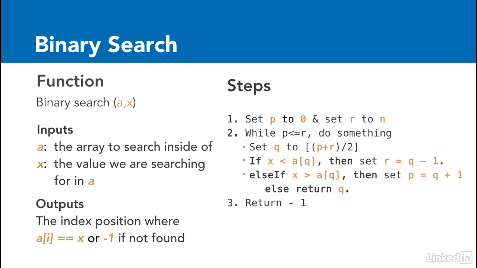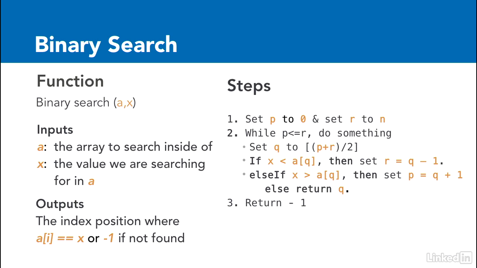Step 2 is a while loop, and we check to see if P is less than or equal to R. If so, we're going to do something. This is where we begin the process of narrowing down the range. The first thing we do is set Q to P plus R divided by 2, and the order of operations is important, so it's significant that P plus R is in parentheses.